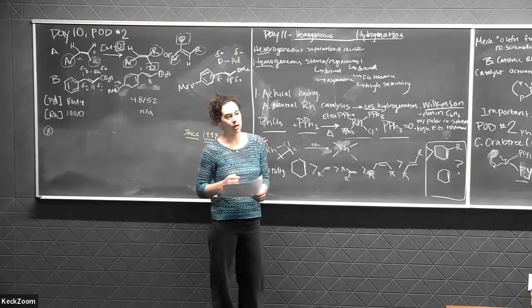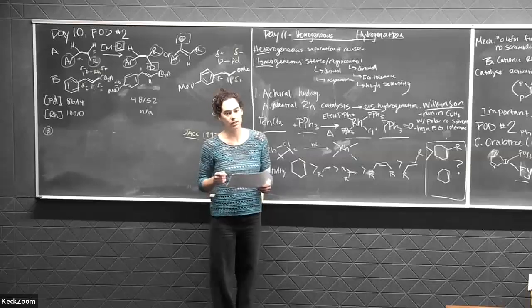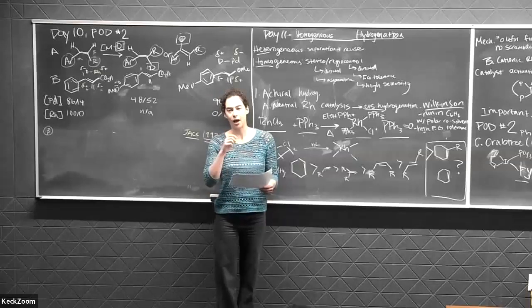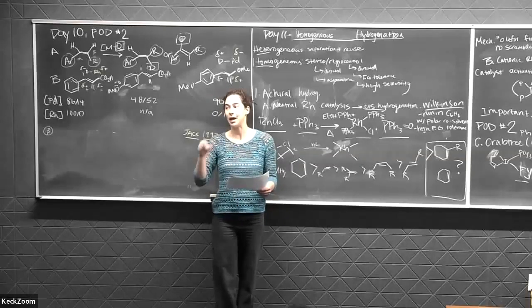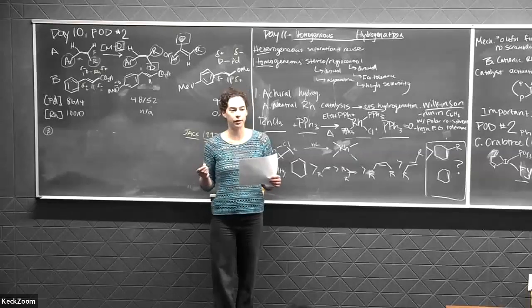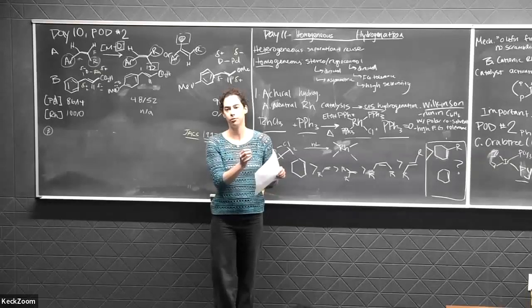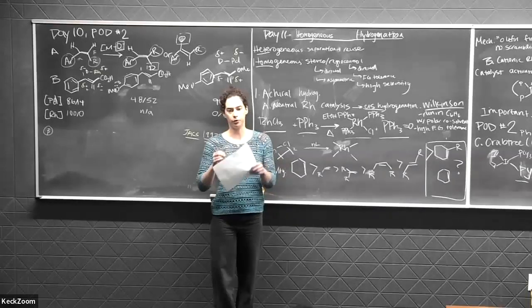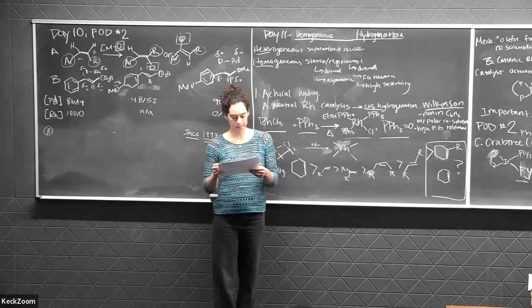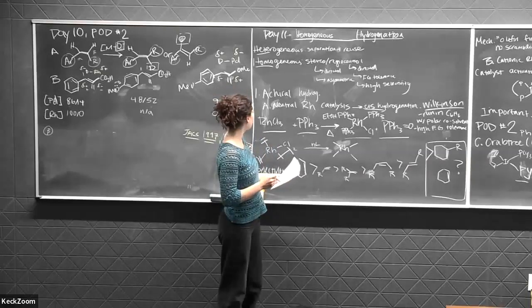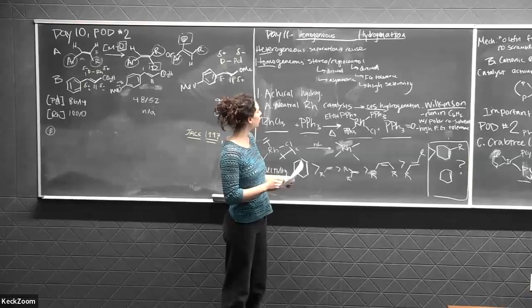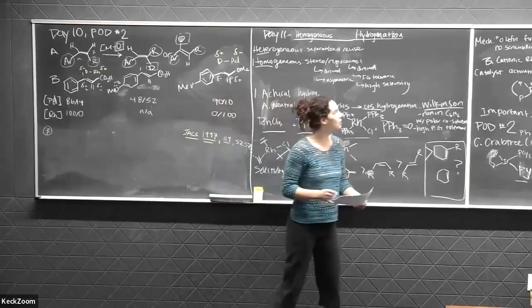Along those same lines, if we're running this reaction in the presence of D2 and H2, there will not be scrambling of the hydrogen and the deuterium. Each molecule will have either both hydrogen atoms or both deuterium atoms. Okay, so that concludes the quick discussion on Wilkinson's catalyst.